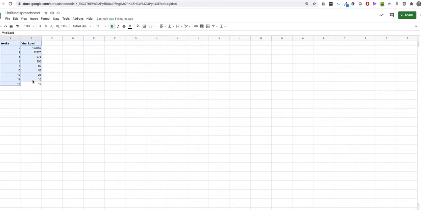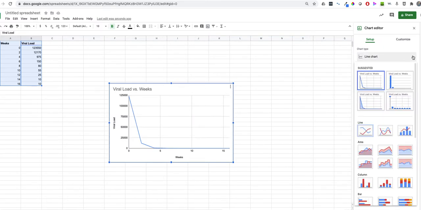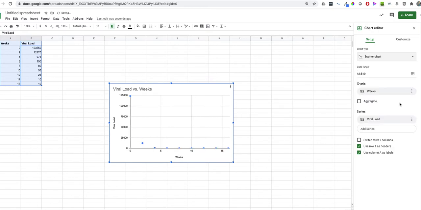So you want to copy both of those, go to the chart. Okay, it creates this chart. We're going to change it to a scatter chart so we can just see the data, but we see that it looks exponential, and from that line graph it looked exponential.